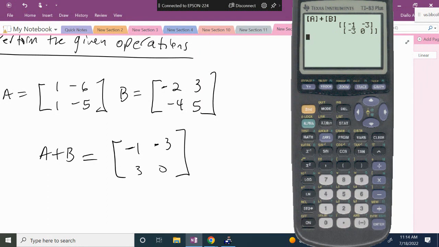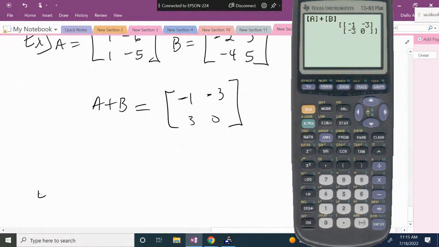You can also multiply matrices. So here's an example.